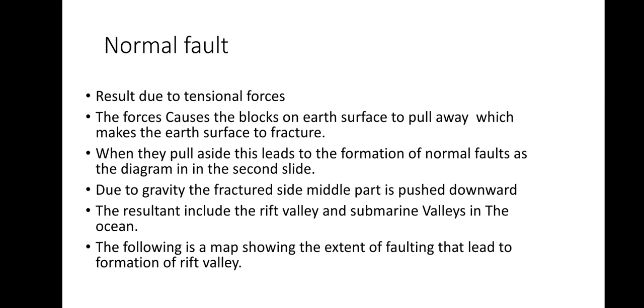We all know the Rift Valley is a large feature. It goes all the way from East Africa almost to the central part of Africa, going down to almost the southern part of Africa. That's how intense a fault could be.